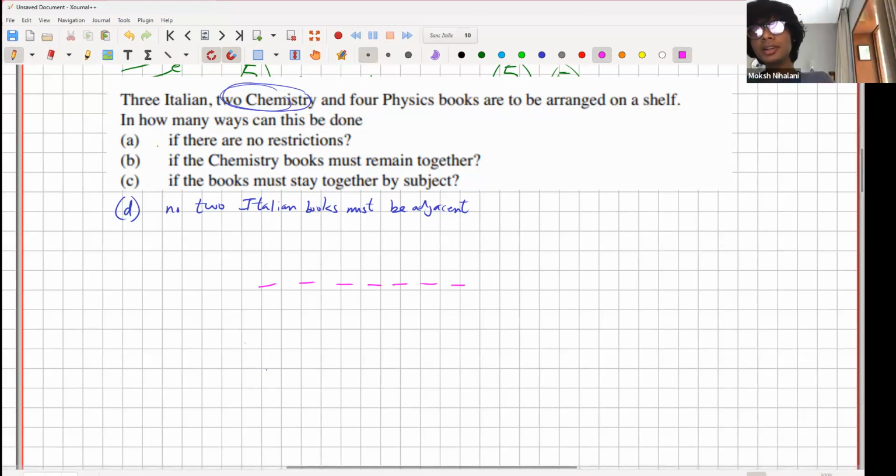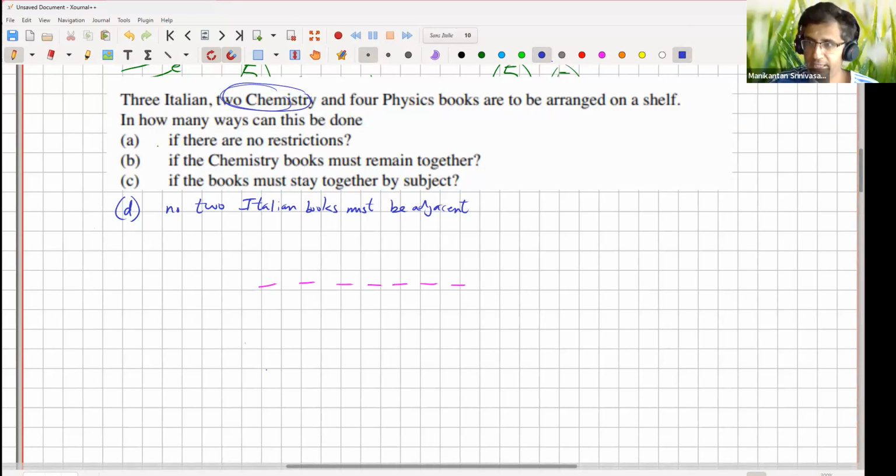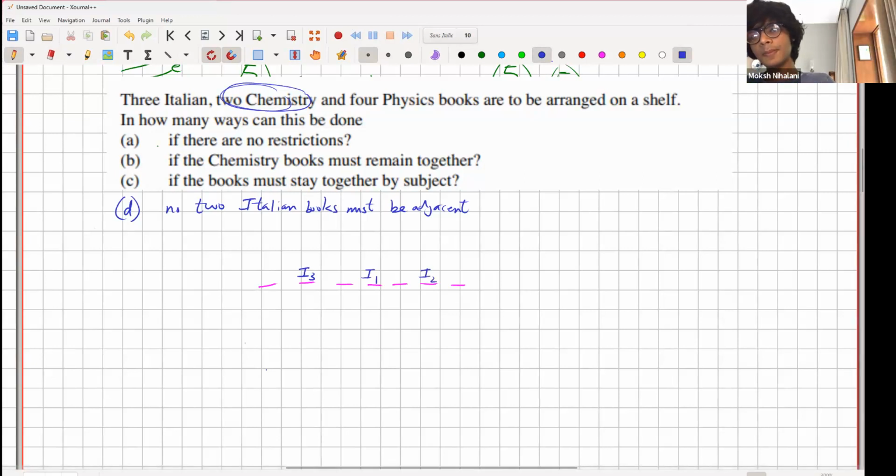You can put books in the 2nd, 4th, and 6th slots, the Italian books. So we have to place the remaining 6 books in the other 4 slots.